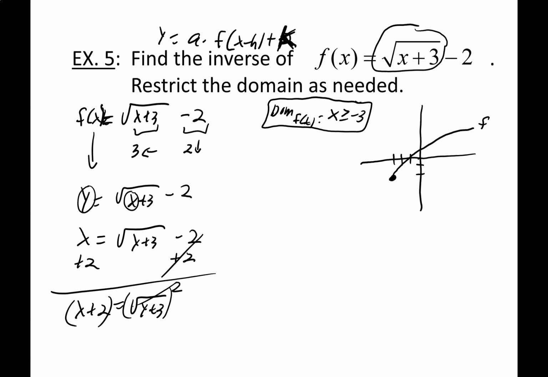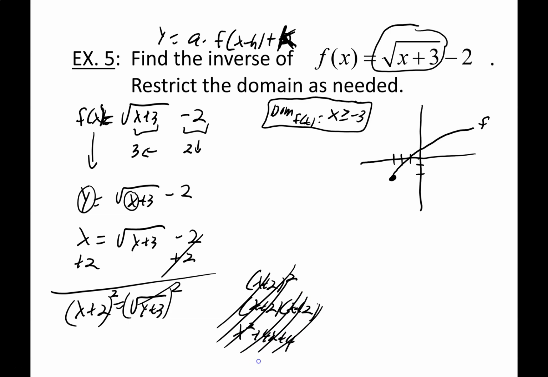Now, here's something you can do. I wouldn't recommend it because it'll make the graphing harder. I know that when I square that, it's going to give me x plus 2 squared, which is x plus 2 times x plus 2. And if you FOIL that out, you get x squared plus 4x plus 4. While it is correct to do that, it's going to make it an awful lot harder to graph.